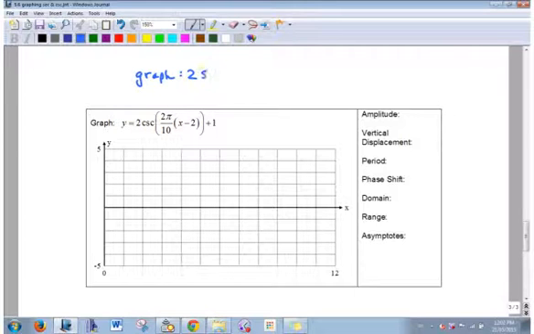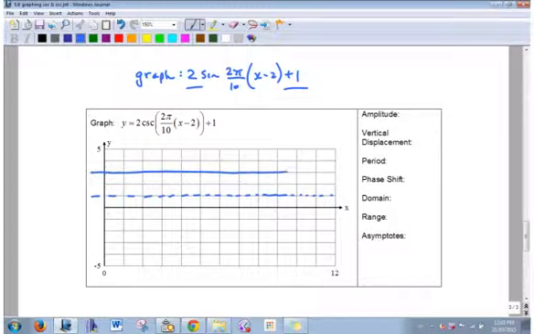Cosecant is sine of 2 pi over 10 x minus 2 plus 1. Same procedure. Do that first. Do the amplitude next. 2 up, 2 down.